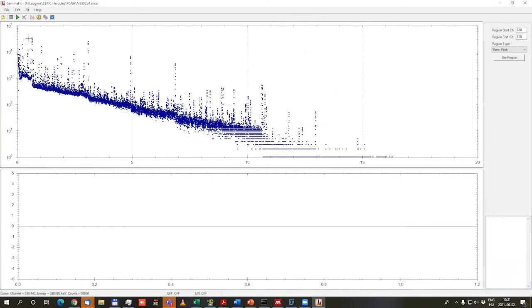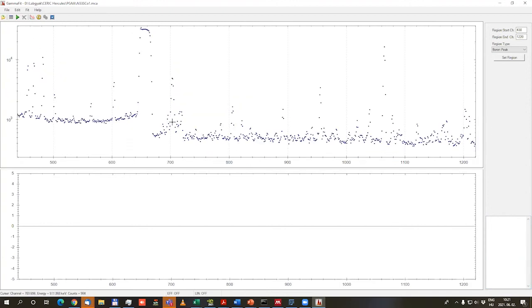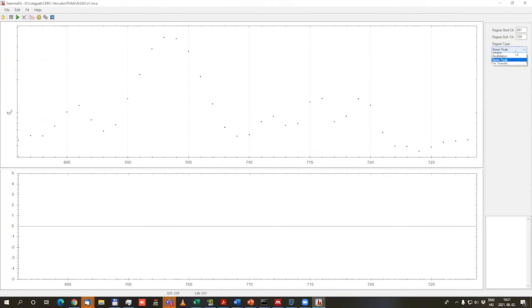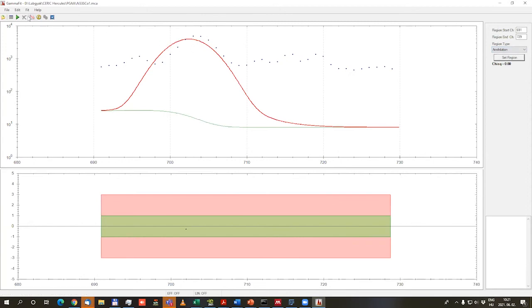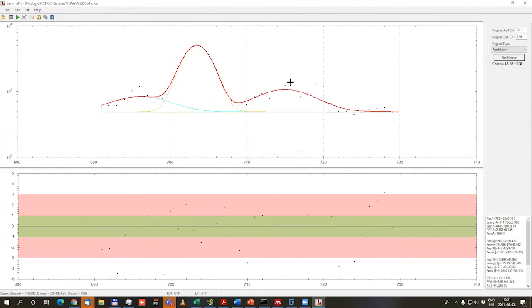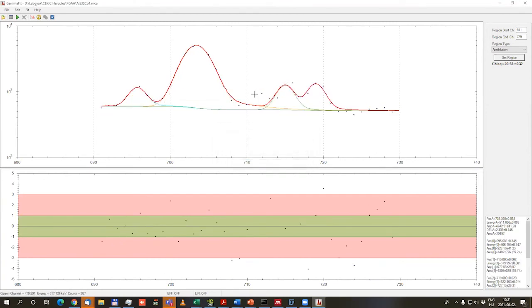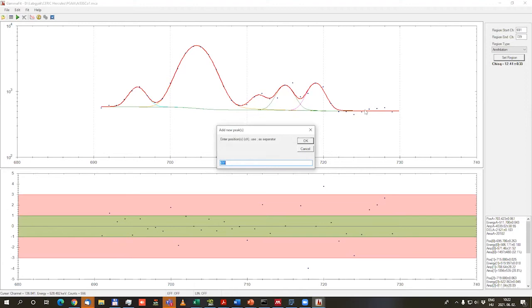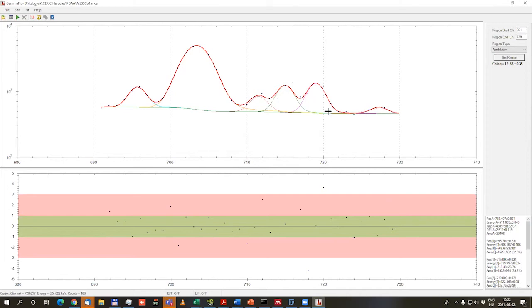The other feature which we usually fit with this program is this annihilation peak. Here we have also a proper model. And here you can add them one by one until nice fitting results are achieved.